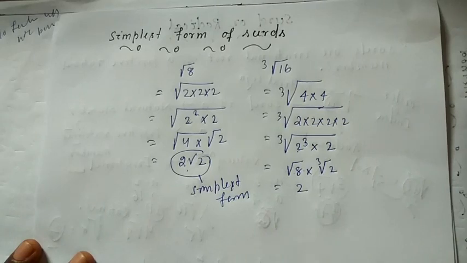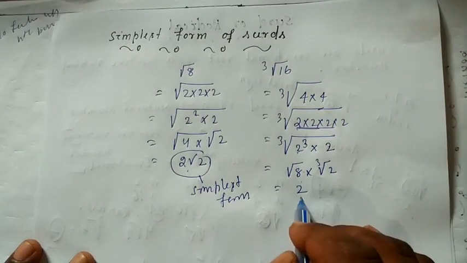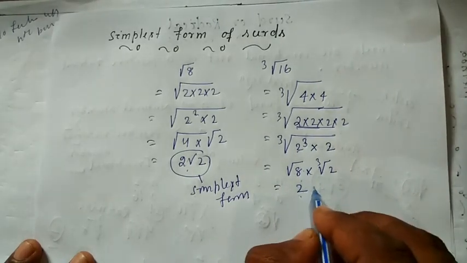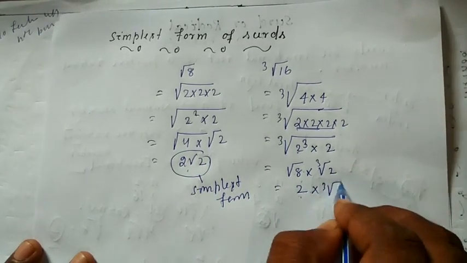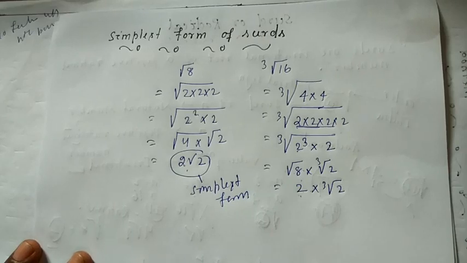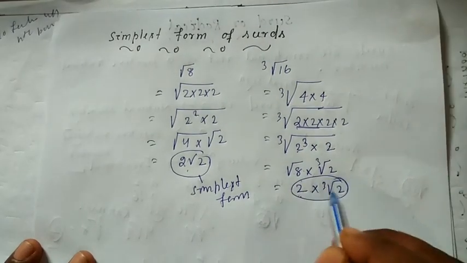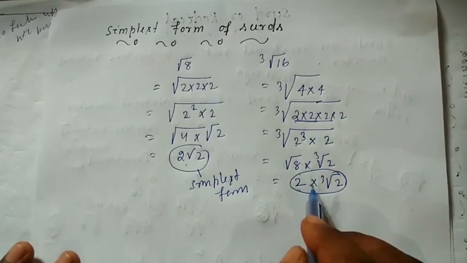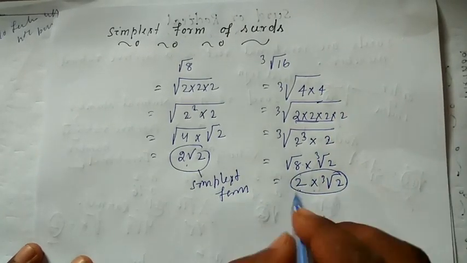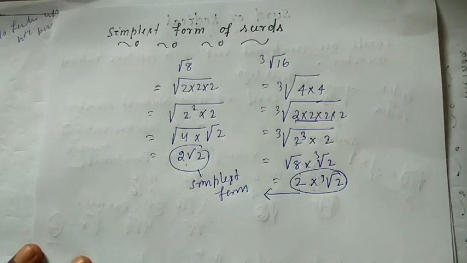Cube root of 8 is 2, since 2 into 2 into 2 is 8. So 2 into cube root of 2. You cannot further reduce this form. So this is also the simplest form.